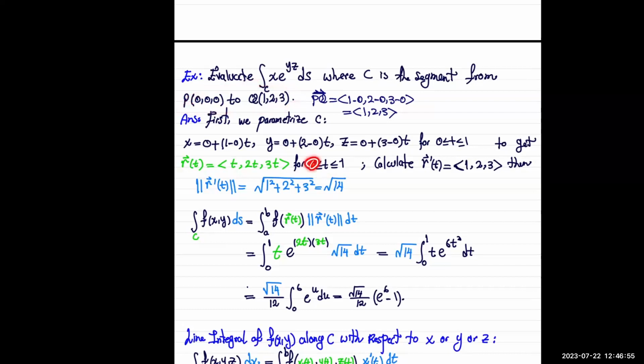If you put 0 for t, you get (0, 0, 0), the position of the initial point. If you put 1 for t, you get the vector <1, 2, 3>, the position of the second point. Again, it's got to be in that exact order.